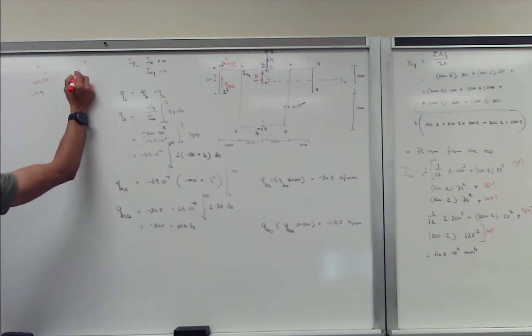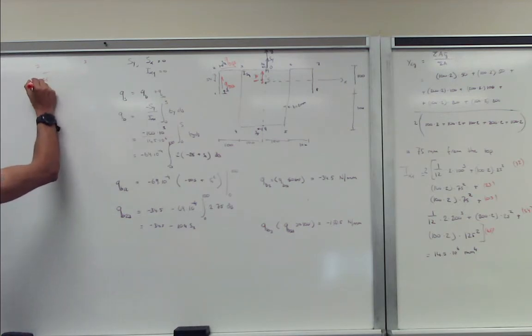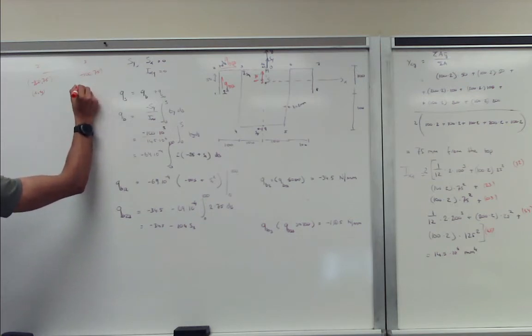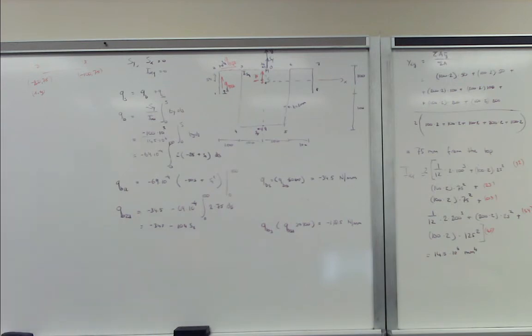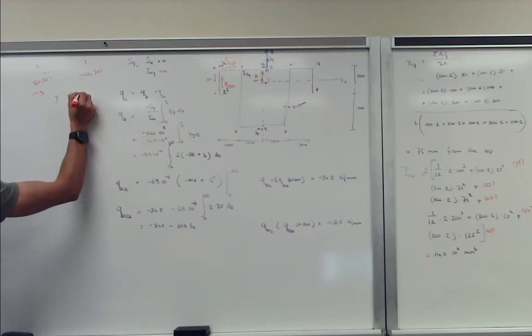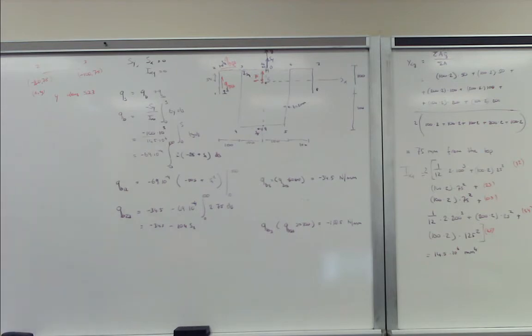Point 3 is, sorry, this is actually minus 200, but it doesn't matter. So this is minus 100, comma, still 75. That's your xy coordinate. So your y value along segment 2-3 is a constant.